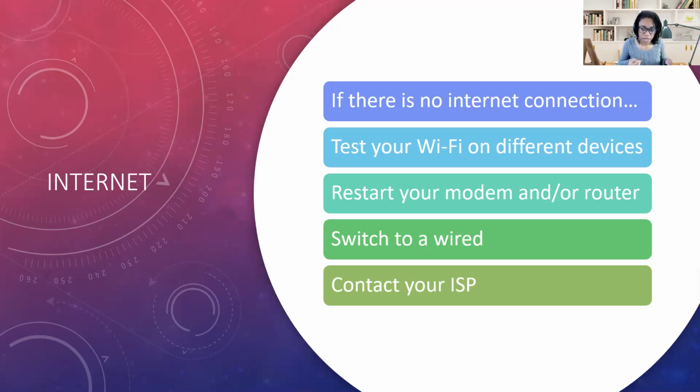So you can switch to that wired connection, and then if it still doesn't work, or if you don't have an Ethernet cord, something else is going on, after all these other steps have been exhausted, it's probably time to contact your internet service provider. So your Spectrum, your AT&T, Uverse, whatever you've got. It may simply just be an issue with the connection in your area or an outage. They'll be able to give you more guidance there.